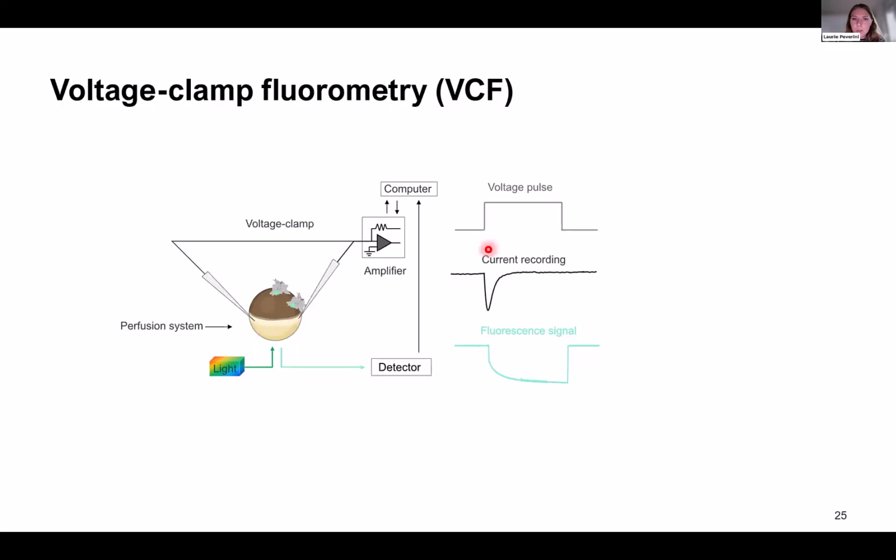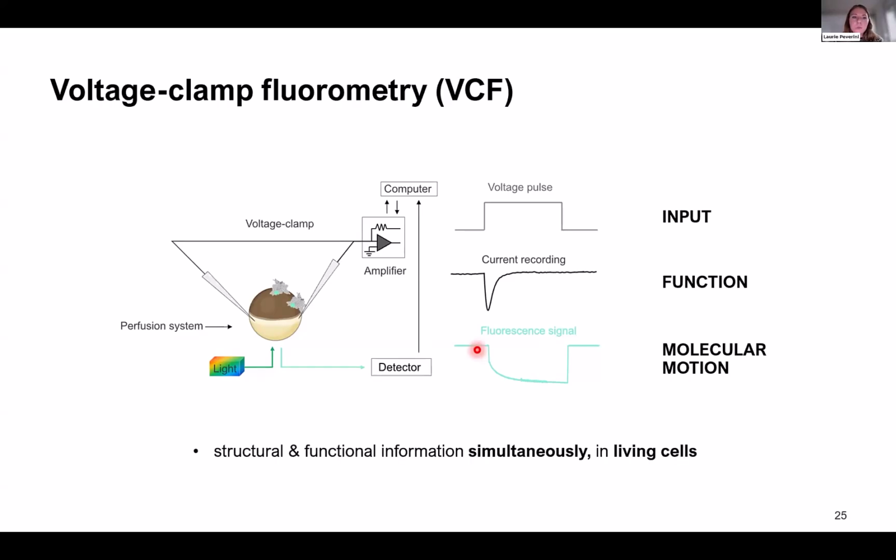This allows us to follow the ionic current, which gives information about the functional state of the channel, and simultaneously to follow variations of the fluorescence signal that can be associated with molecular motion. So this allows structure-function relationship studies simultaneously for a channel that is expressed in a living cell, in the membrane of an oocyte.